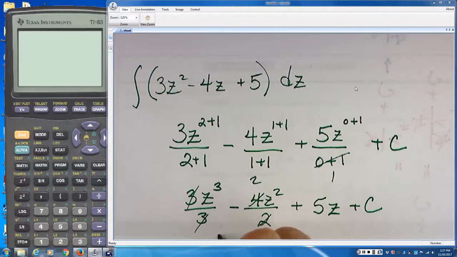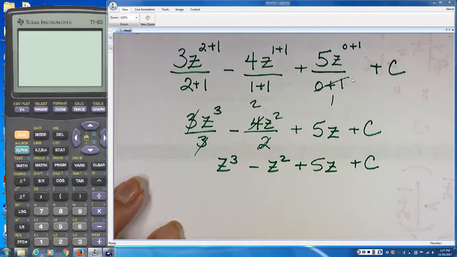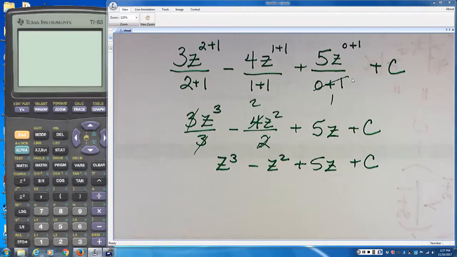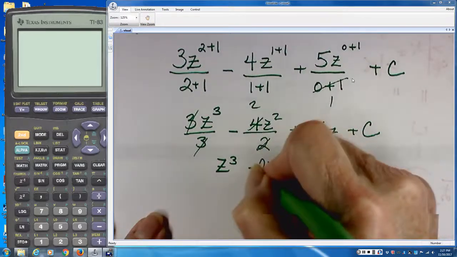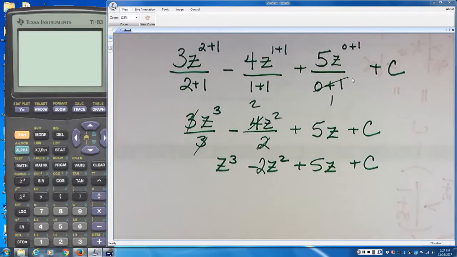So the final answer is z to the third power minus 2z squared plus 5z plus a constant. So there's the final form. Yeah, I left out the 2, thank you, Matt. Okay? Any questions so far?